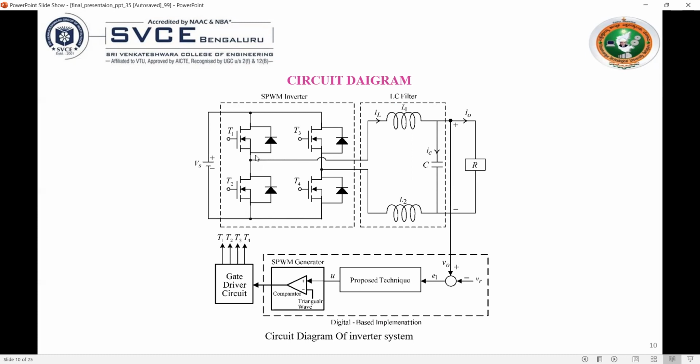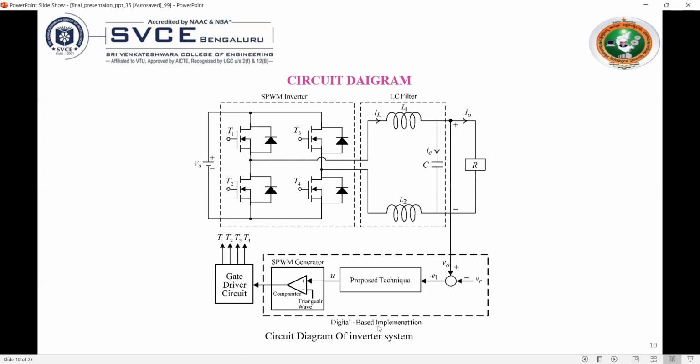Now coming up to the LC filter, here we will have inductors and a capacitor, which will be used for filtering. Before that we'll have a pulsating AC, and after filtering we'll have pure AC across this load resistance.